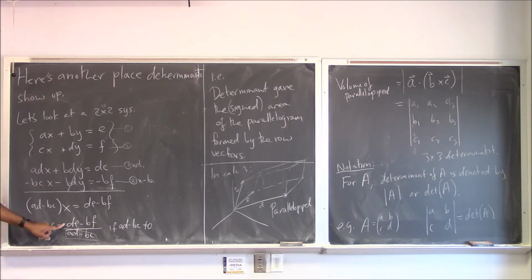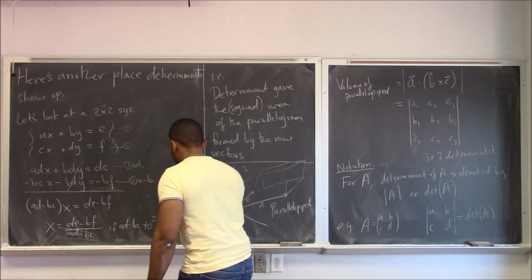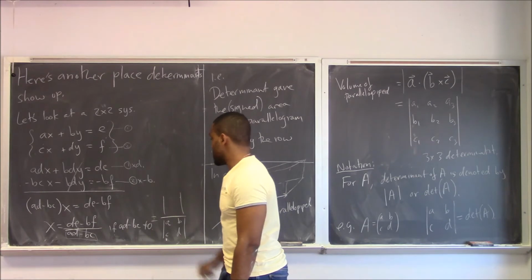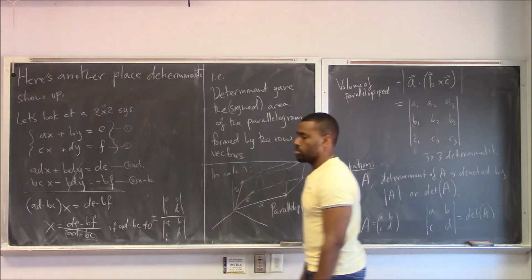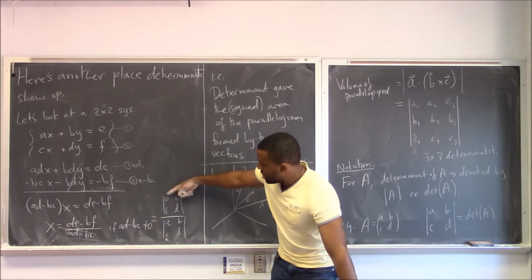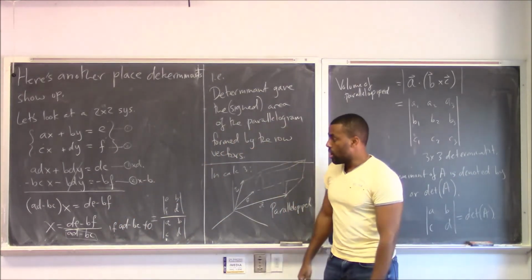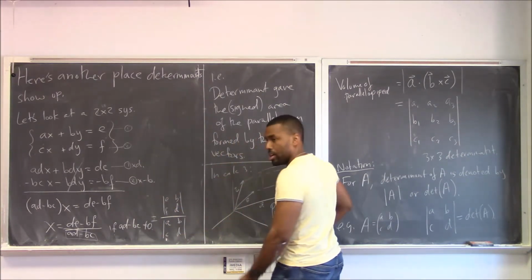The numerator is the determinant of the coefficient matrix if I replace the A, C column with E, F. It turns out that the denominator will be the determinant of A, B, C, D, and the numerator is actually the determinant of E, F, B, D. Notice that's ED minus BF, which is what we have here. So it turns out I can talk about the solution to the x value as a ratio of determinants. Pretty interesting how that works out.